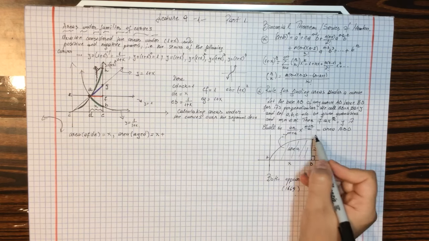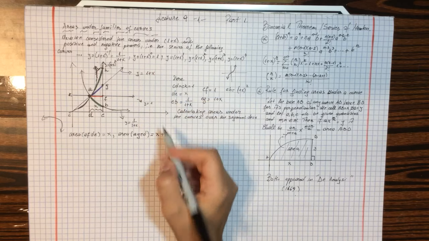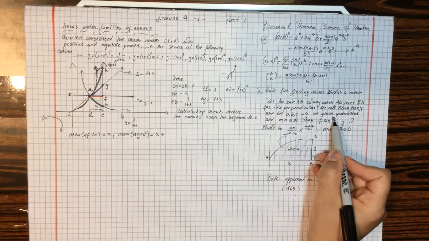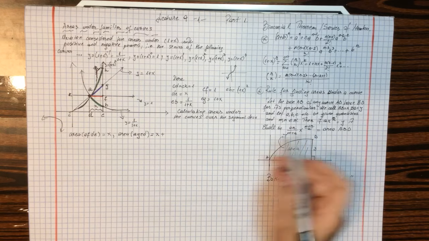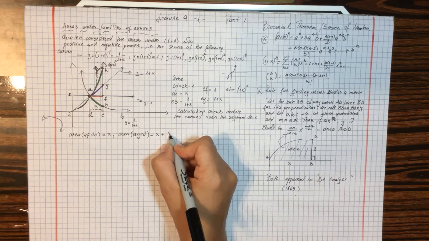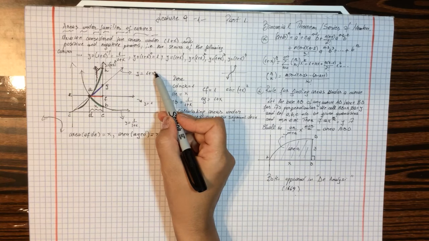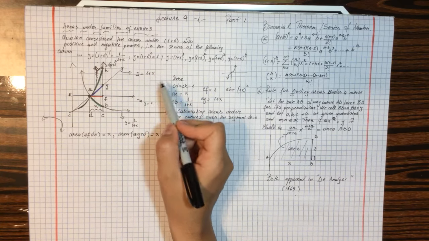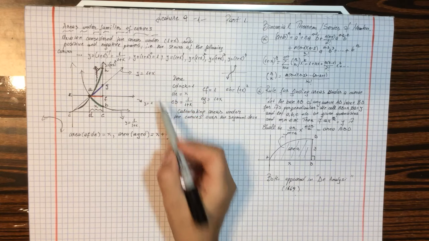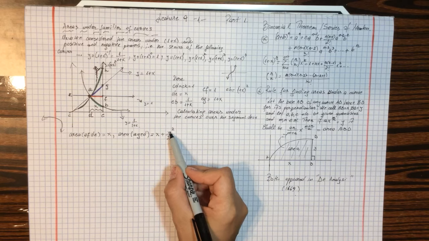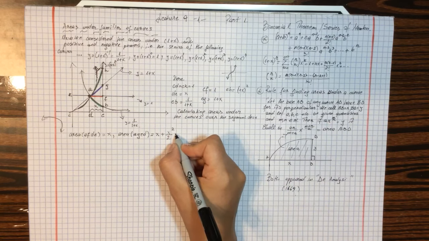And again, using the power rule, the integral of x would be x to the 2 over 2. Meaning whatever the power of this is, you add 1 to it and you divide by that power. So x to the power 1, 1 plus 1 is 2, so you'll have x to the 2 over 2. I'm just reminding you once again of this rule. So this would be this area.